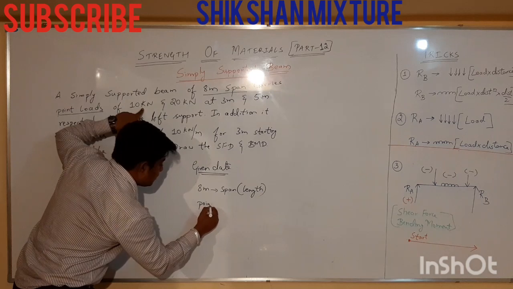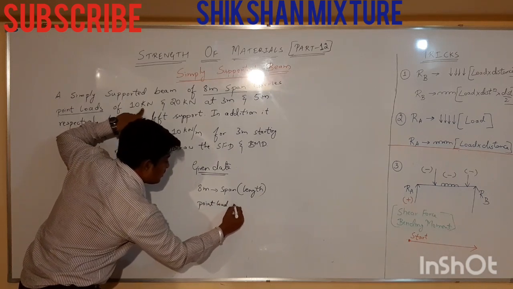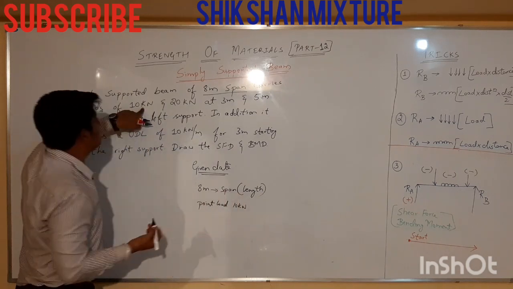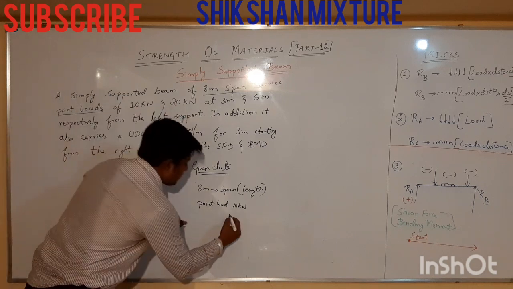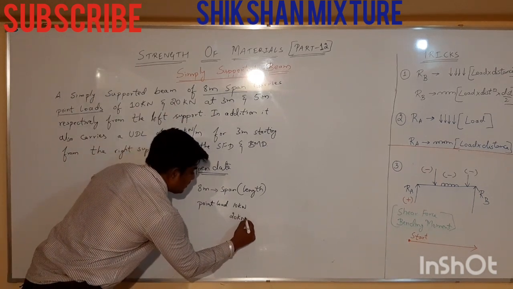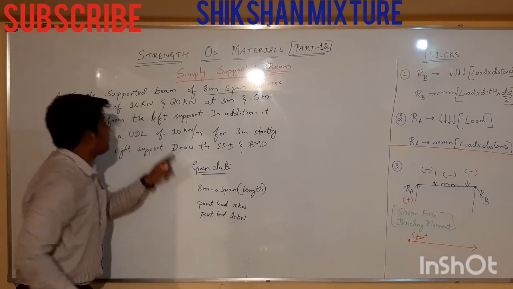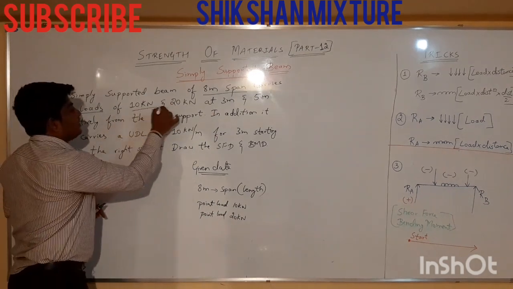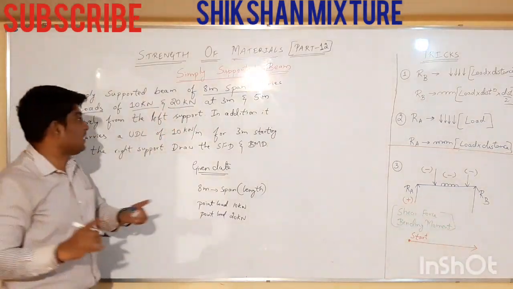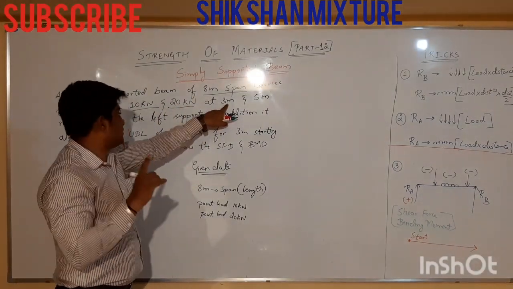Point load 10 kilonewton and 20 kilonewton. Again, one more load is there, 20 kilonewton. This is also point load. Where they are? First it is at 3 meter.